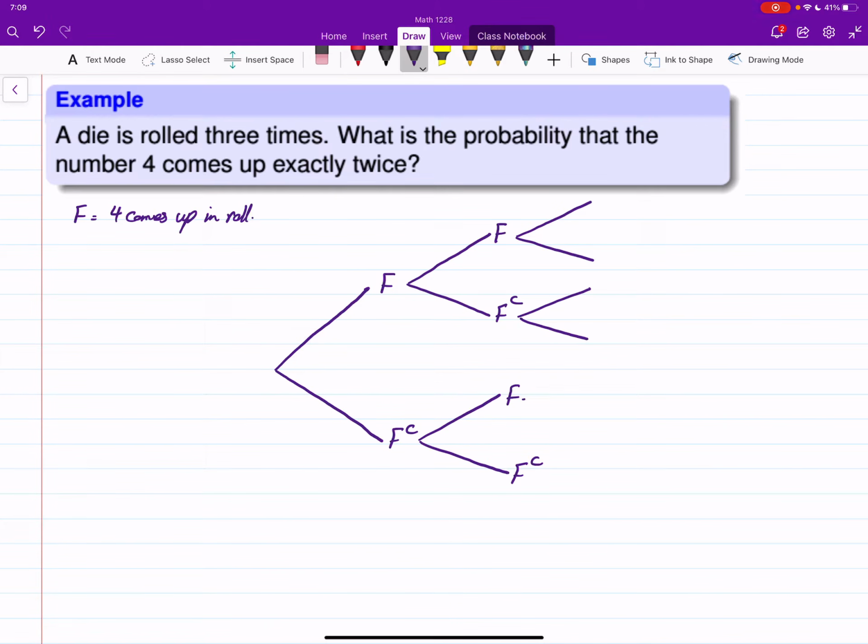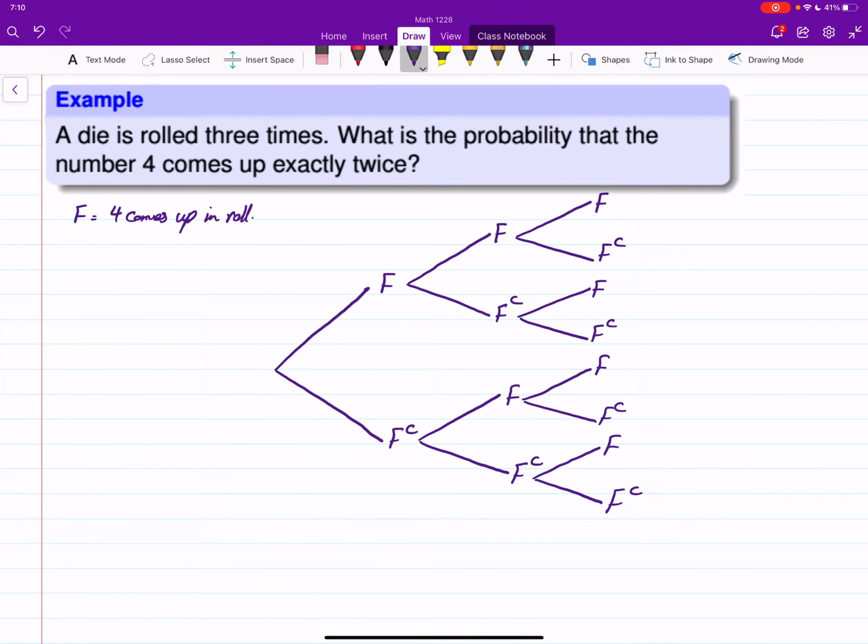But the outcomes are the same things, yes? So the events that we are interested in studying are either 4 comes up or something else comes up, and that's it.